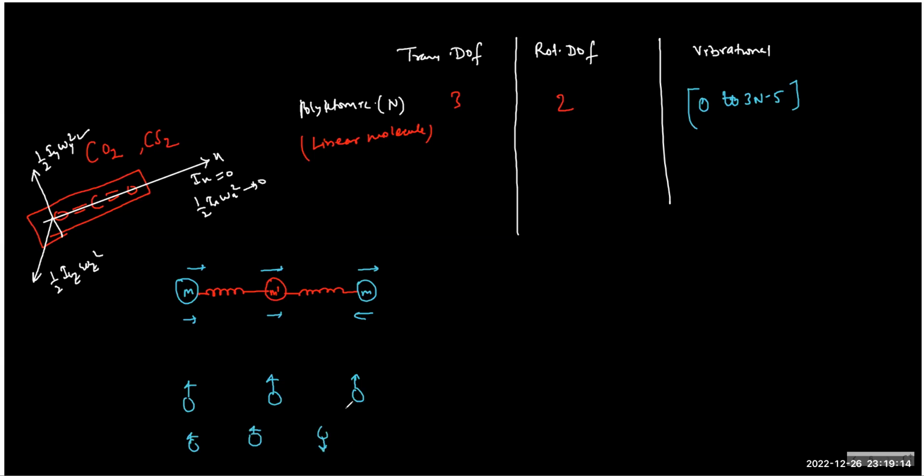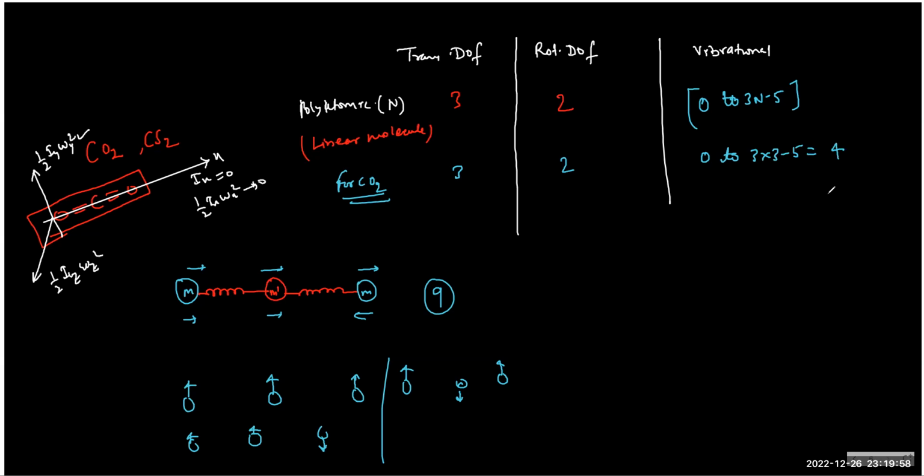So there are many possibilities, right? You can move the 2 up, 1 down this way also. Okay. So in total, if you count, we have 9 possibilities. 9 is the maximum number of degrees of freedom. And out of 9, I can say for CO2, 3 is here. This is always 2. But the vibrational can be how many? So vibration can be 0 to how much? 3n minus 5.